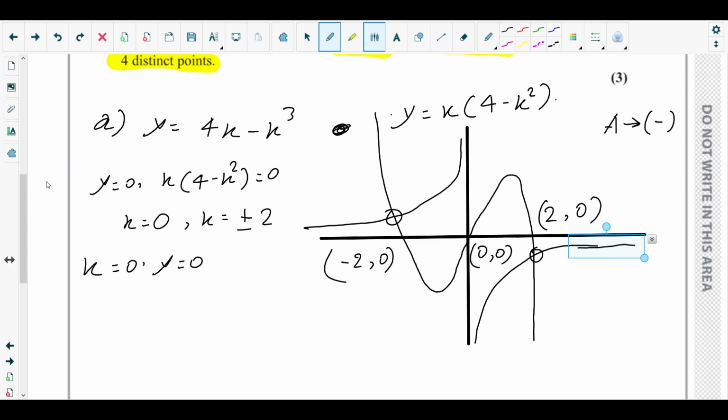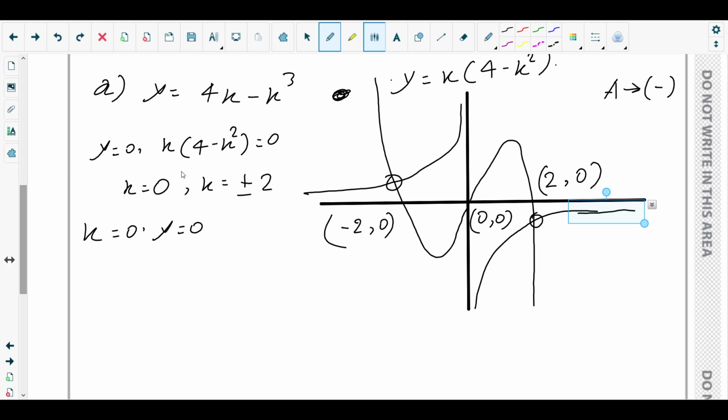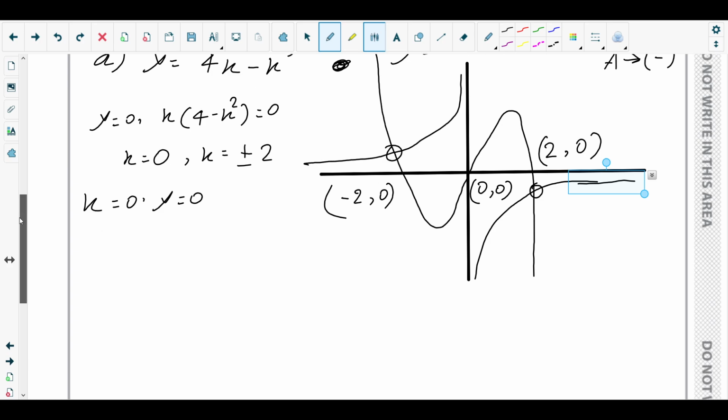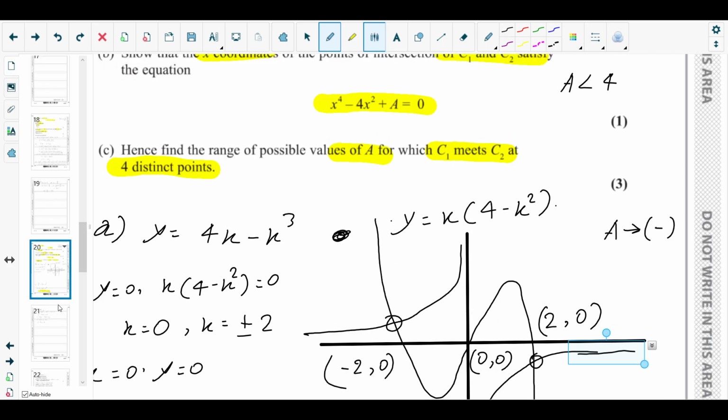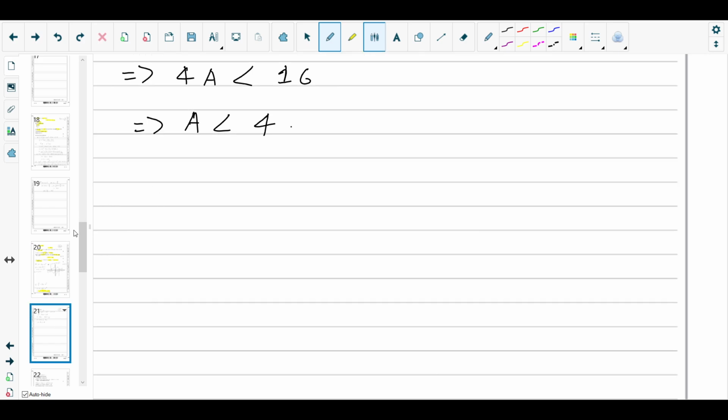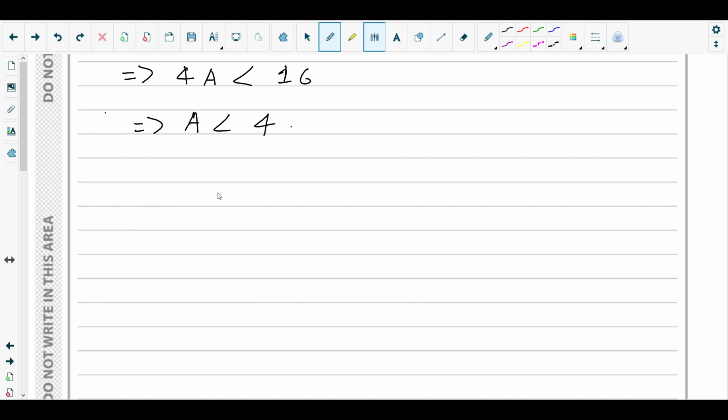You don't need to write any reason; I just wrote it for your understanding. The value of a should be greater than 0 and less than 4. This is the range of possible values for a. Make sense?